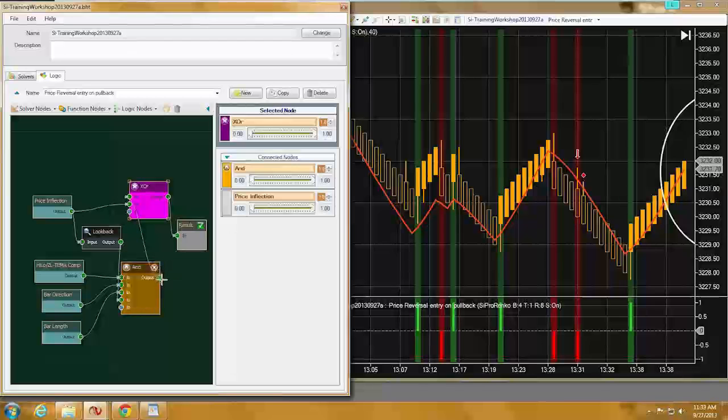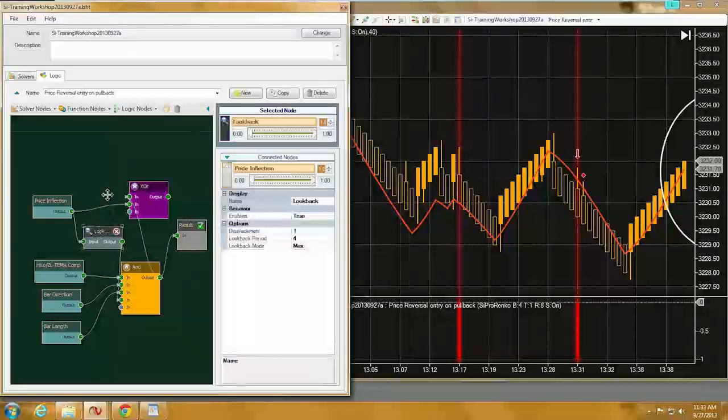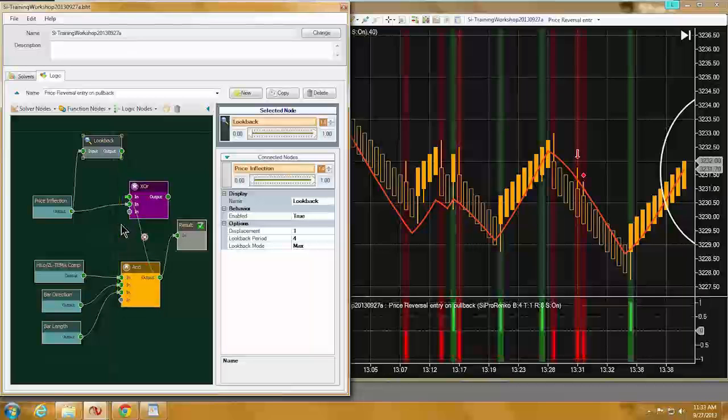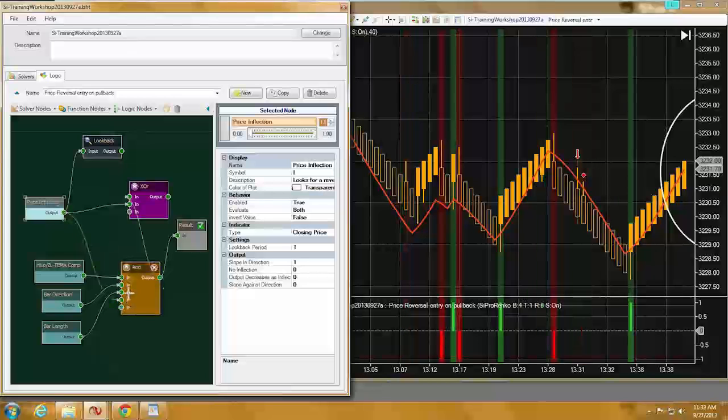Now, since the Lookback didn't work as expected, let me disconnect this, and I'm going to plug this back in.